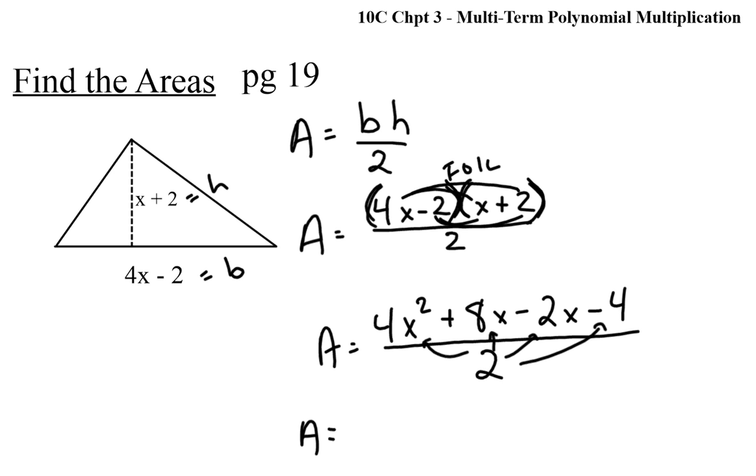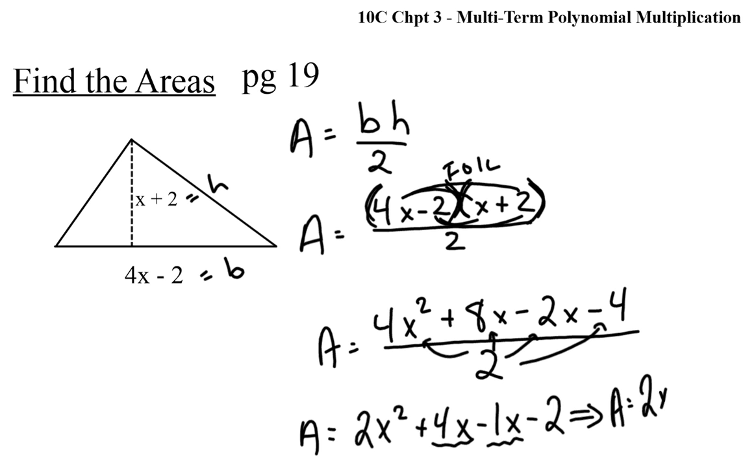So we're going to get left with 2x squared plus 4x minus 1x minus 2, but always look to combine your like terms. The area of this triangle is 2x squared plus 3x minus 2.